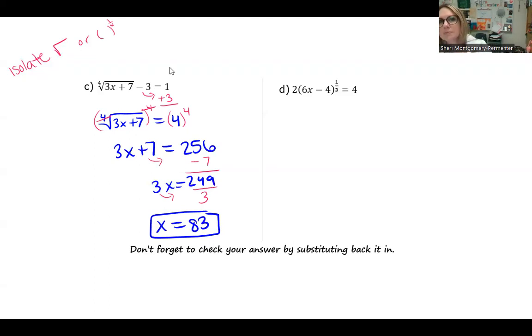Okay, if we plugged it back in, what is 3 times 83? 249, okay. So 249 plus 7, 256. Down the x to the 4th power column, do you find 256? Okay, it's what to the 4th power? 4, okay, so that reduces to just 4. What is 4 minus 3? 1. Yay, our answer is correct.